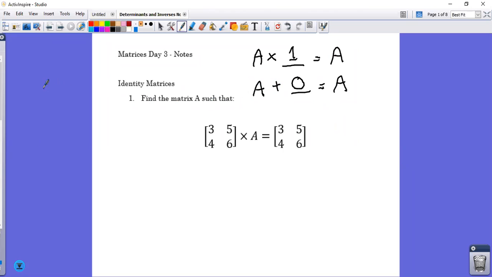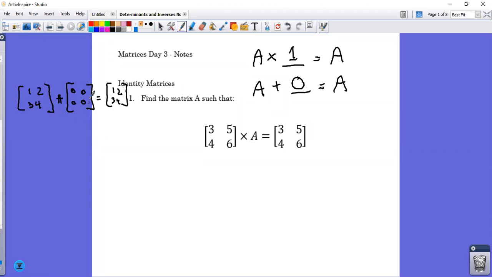Now with matrices, if I have a 1, 2, 3, 4, a 2 by 2 matrix, and I want to add a matrix so that I get the same 1, 2, 3, 4 back, I can't add 0 because there's no such thing. You can't add a non-matrix with a matrix. But the additive identity is zeros. It just depends on what size the matrix is.